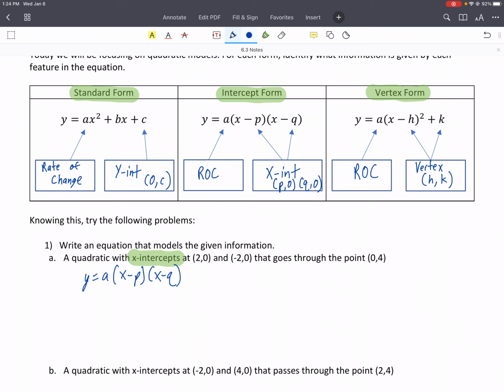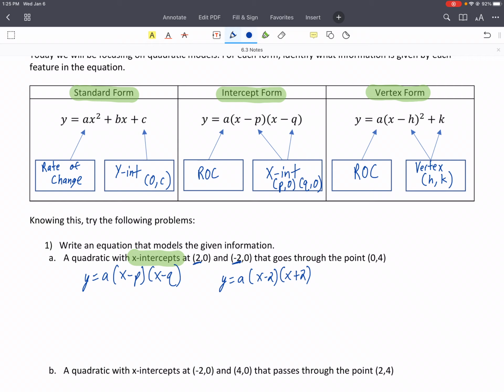Our intercepts are 2 and negative 2, so we plug those in for P and Q. Doesn't matter the order. Remember, when you plug them in, you have to switch the sign. So we have y equals a times (x minus 2), because we changed the positive 2 to a negative 2, and then (x plus 2), because we changed the negative 2 to a positive 2.